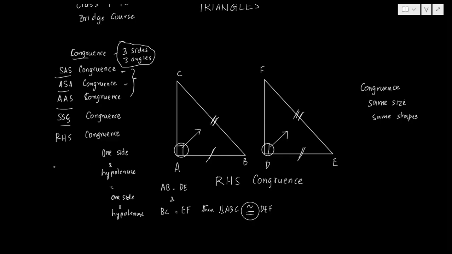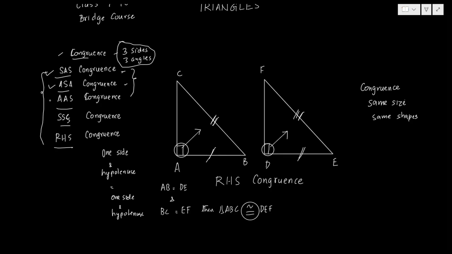Okay, so by this we have looked at all the congruence criteria for triangles. To summarize, when we started, we said congruence means all three sides and all angles should be equal. But we don't have to look at all three sides and all three angles. If you look at two sides and an angle, and they are equal, then the triangles are congruent.